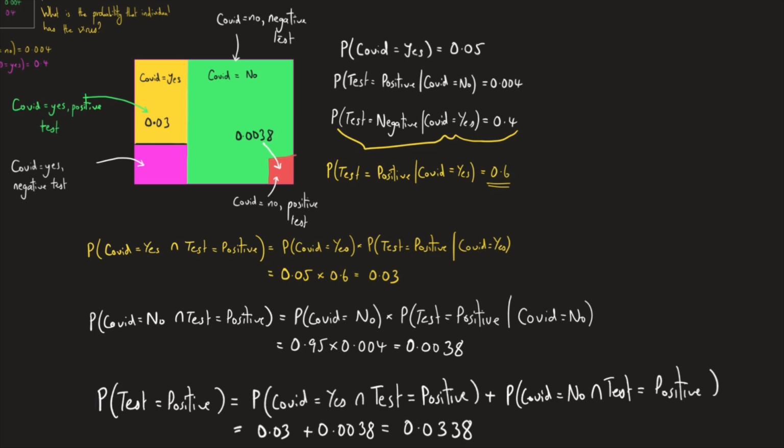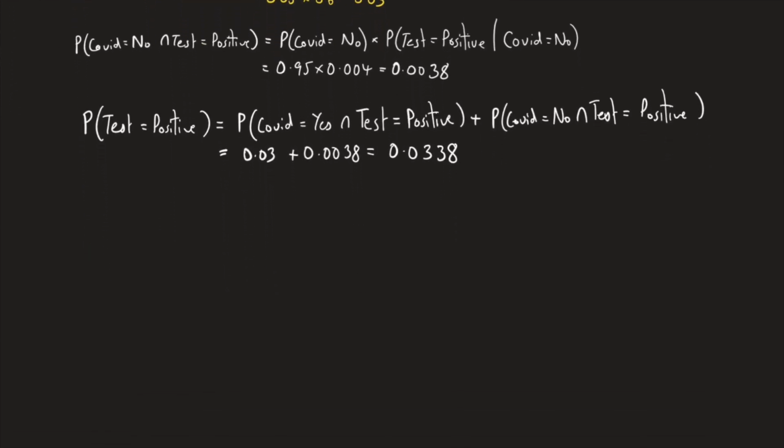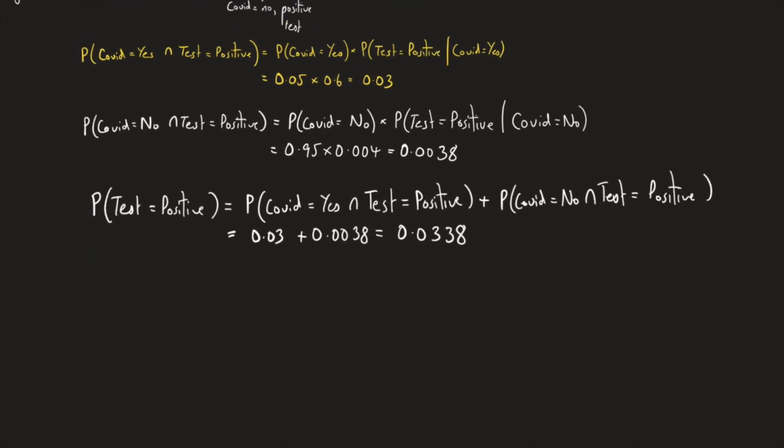Now, the final thing to do is we want to know what proportion of those individuals who have a positive test are suffering from COVID. So we want to know, conditional on a positive test, what is the probability that an individual has COVID? Well, we want to know what proportion of the 3.38% of individuals have COVID amongst those who test positive.